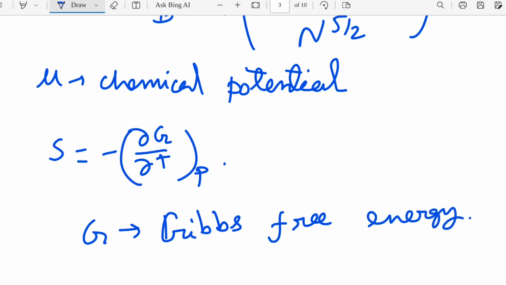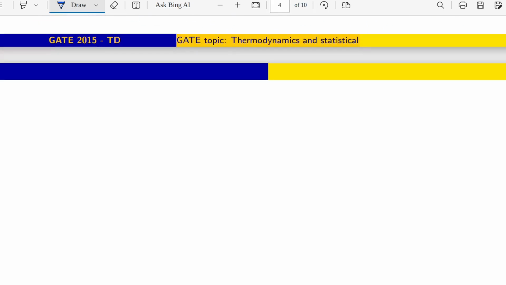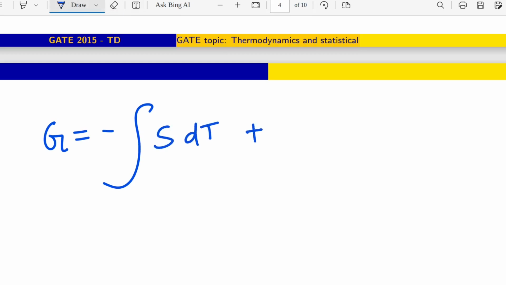So from that equation, we can find the value of G, Gibbs potential, with the help of S. So what will be the expression for the G? G will be nothing but G equals minus S dT plus, let's say, some constant.